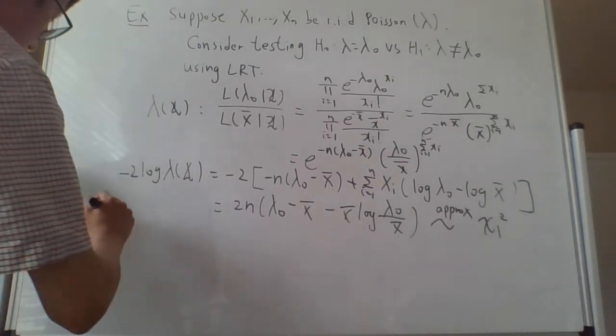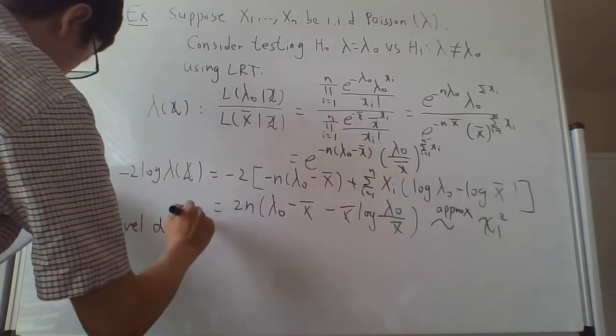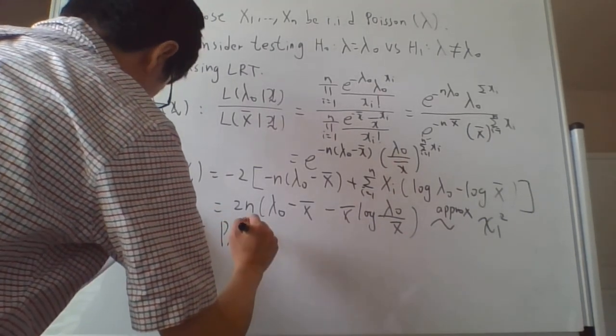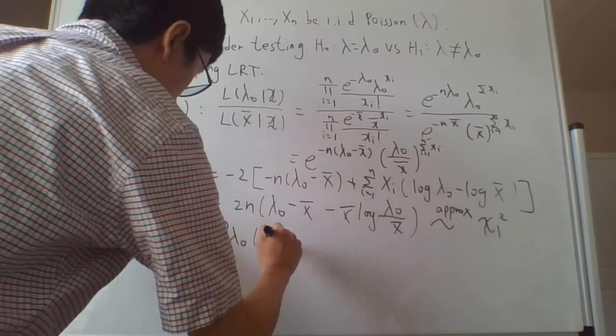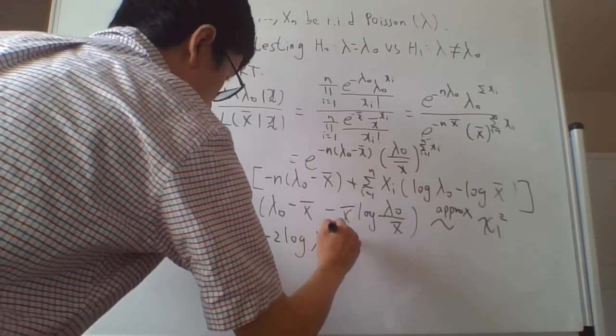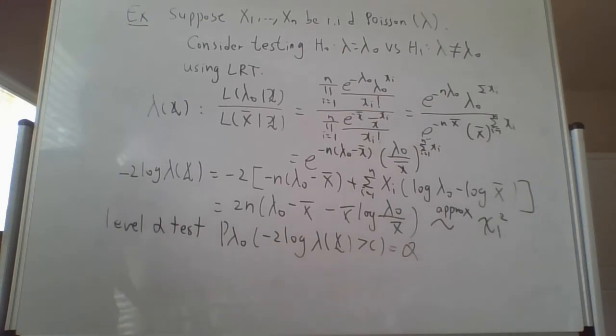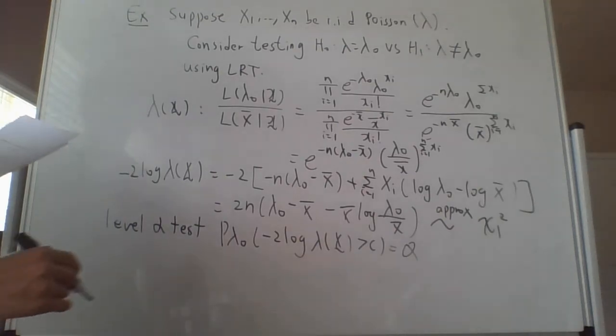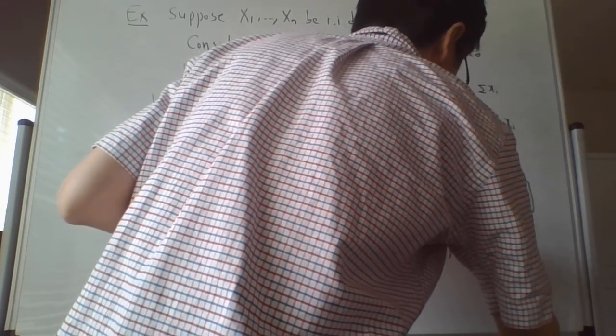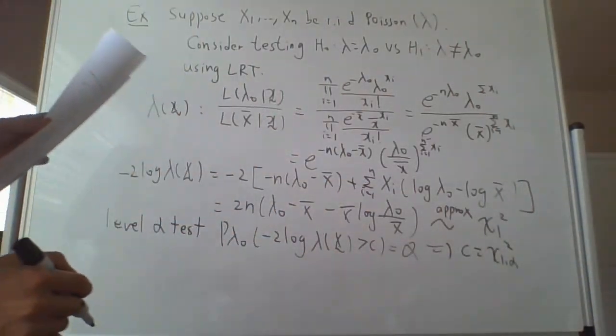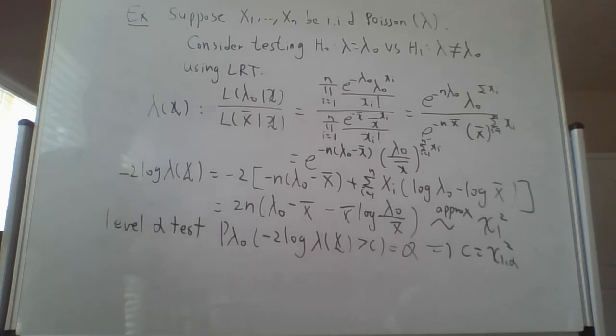So the level alpha test is: the probability under lambda 0 that minus 2 times log of lambda x is greater than c is equal to alpha. So we can take c as the 1 minus alpha percentile of the chi-square distribution with 1 degree of freedom.